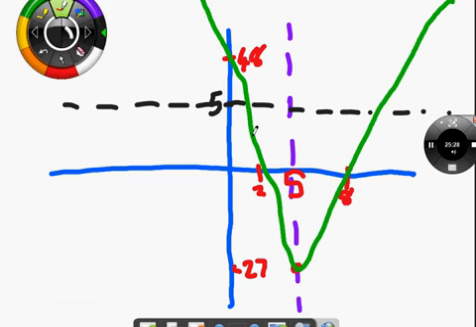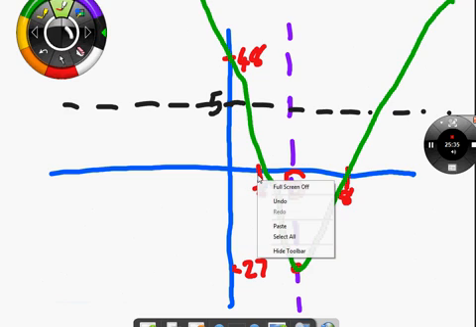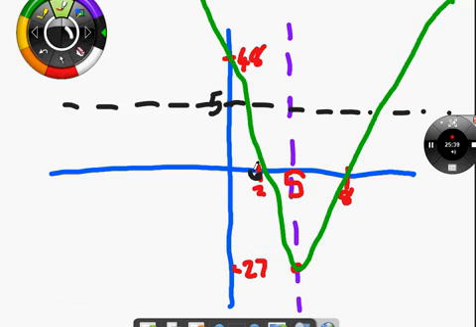Can you see? That's my line of symmetry. Now, the point on the x-axis is 2, so it must go to the y-axis, and that will be 2. And then this 8 will also go to the y-axis, that will be 8, like that.